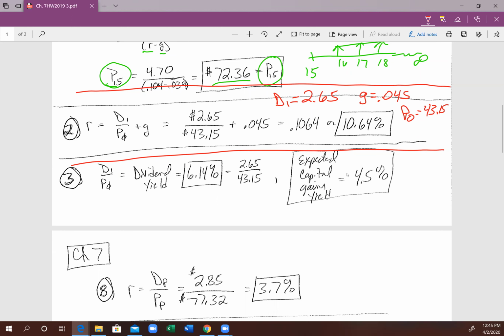So we need to go back to our formula. I'm just going to write it down here on the bottom, and then I'll erase it. But basically, if we remember, P0 equals D1 divided by R minus G, we can rearrange this equation.